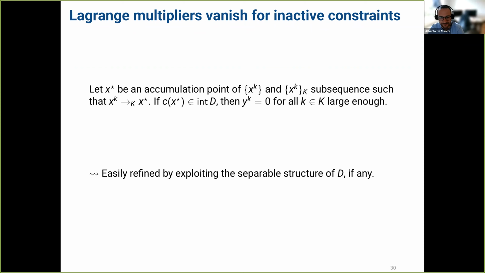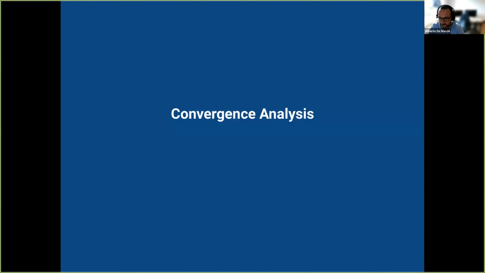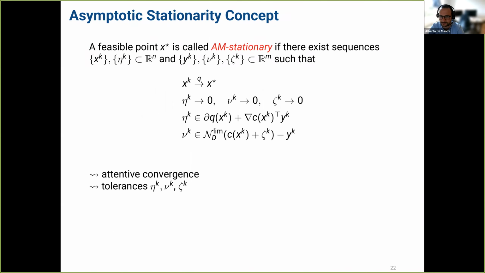And then the other result requires what's called AM stationarity. So I go back to the definition here. Here I said that you need this zeta^k to have the argument, so C of x^k plus zeta^k, in the set D. Because if it is not, then the limiting normal cone is empty, or we define it as empty.